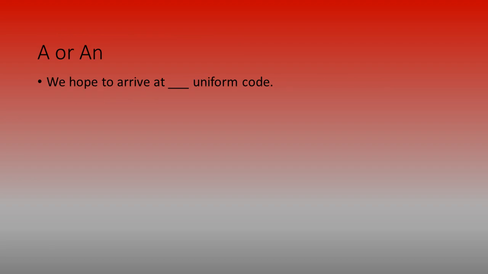Now a or an. We hope to arrive at a or an uniform code. And it should be "a" because it's the sound of the word that follows. So the U in "uniform" with the Y sound requires "a."